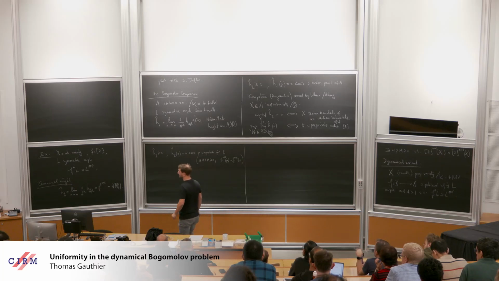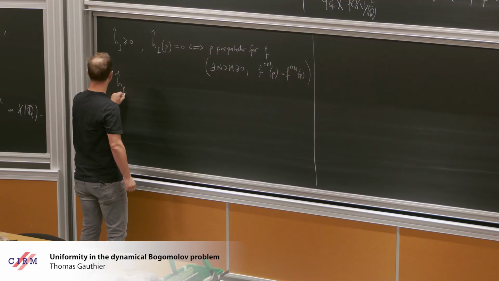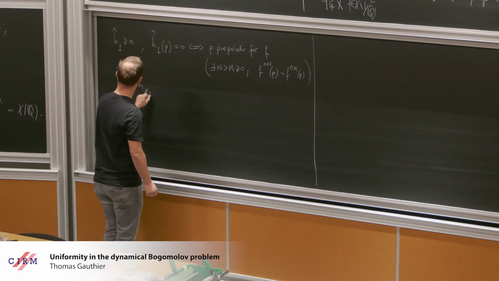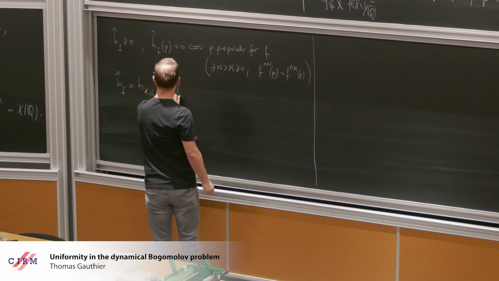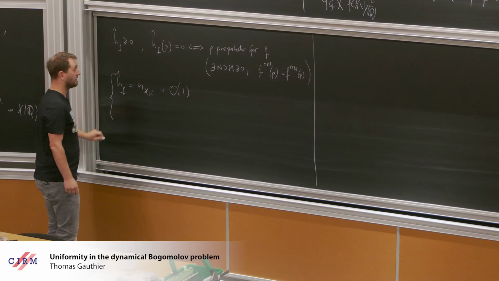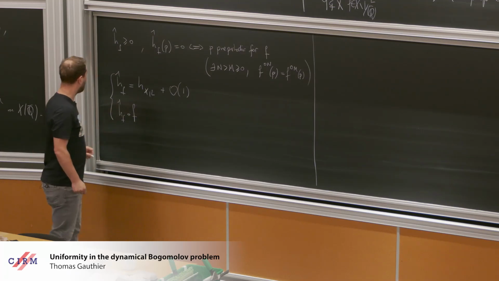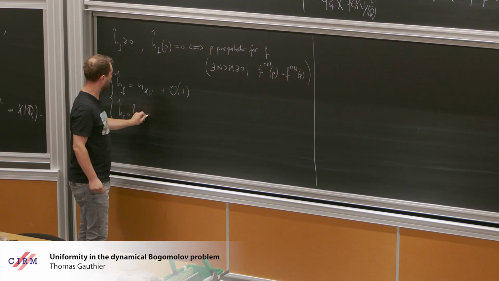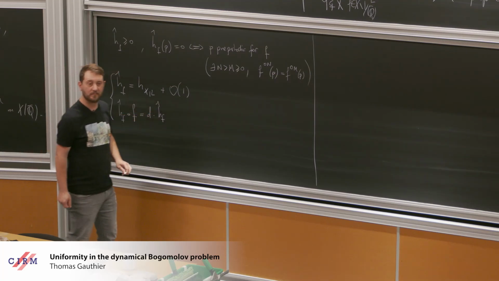Actually, you can characterize it quite simply. By construction, this is your initial height plus a bounded error term. And it has some invariance under the dynamics, which is that if you apply it at the image of a point, you get d times this.